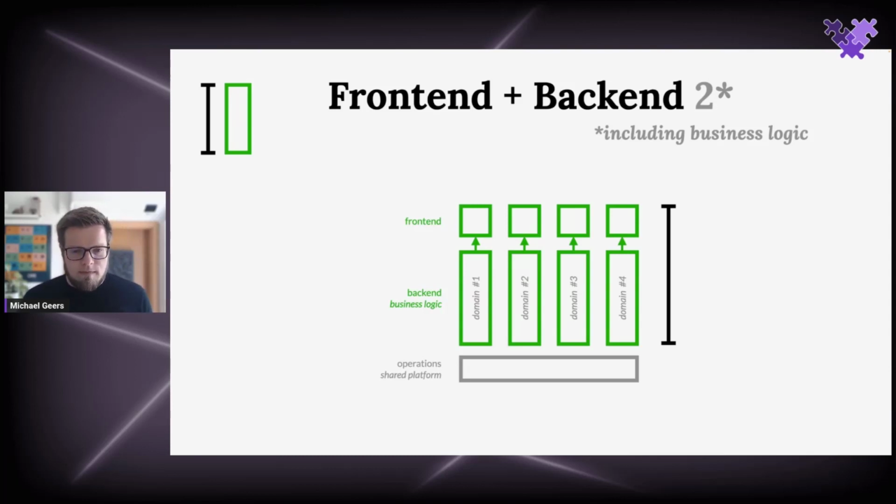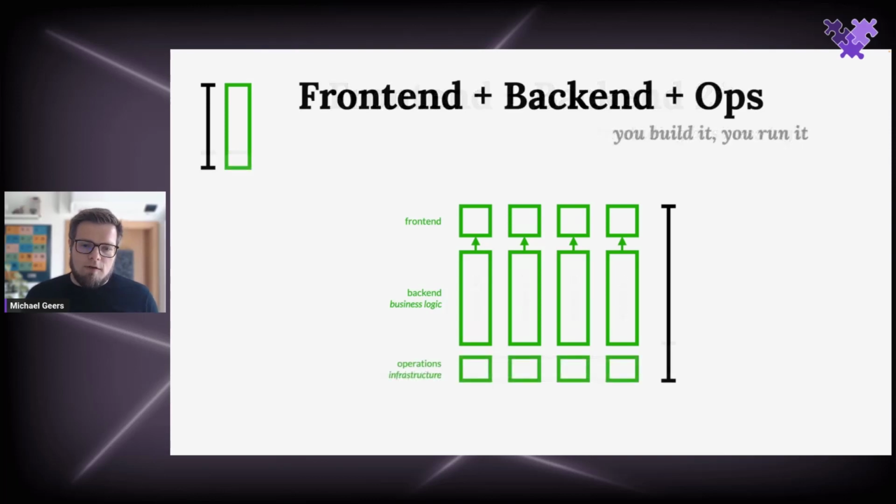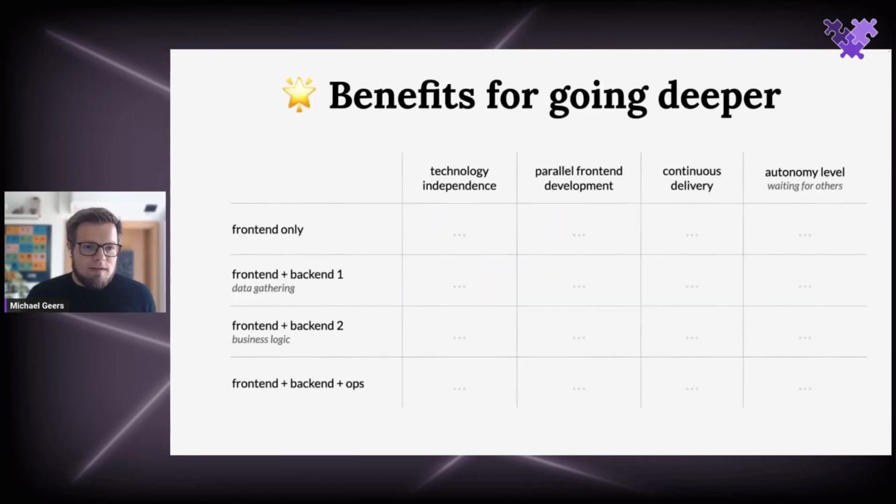And we can leave this out of the Micro Frontends architecture, but we can also go one level deeper and also integrate it. So we have front end, back end, and also ops. So a DevOps-like team where you have some kind of you build it, you run it mindset and architecture there. Okay, so these are the 4 levels.